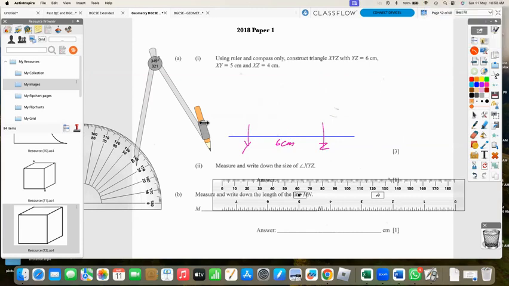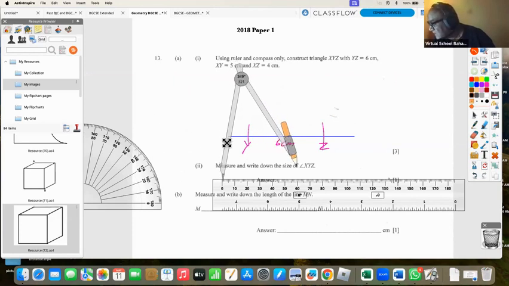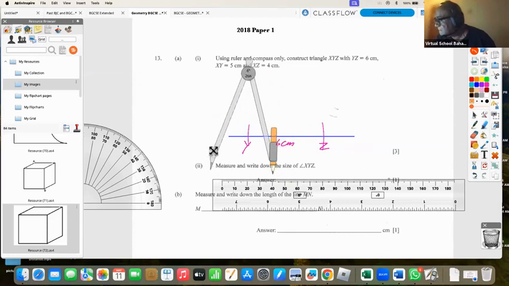Then the next line I want is X, Y, 5 cm. So again, this time I go there, I measure my 5 cm. Where will I put this point?